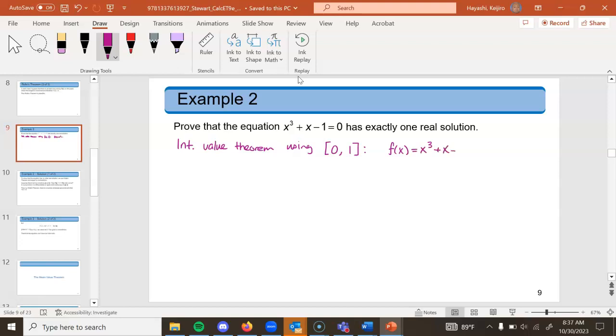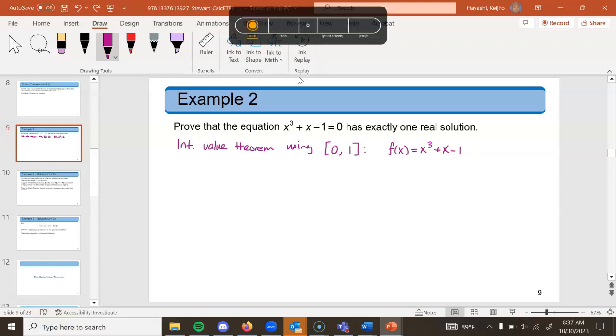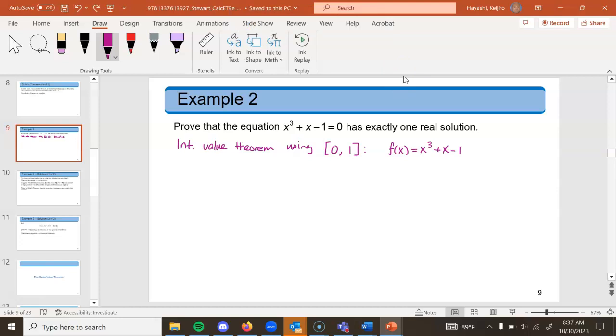Okay, so we let this be a function. And then we measure the function value at 0, and then we measure the function value at 1, because those are the two endpoints of the interval. Now if we plug in 0 to this function, we get negative 1. If we plug in 1 to this function, we get 1.